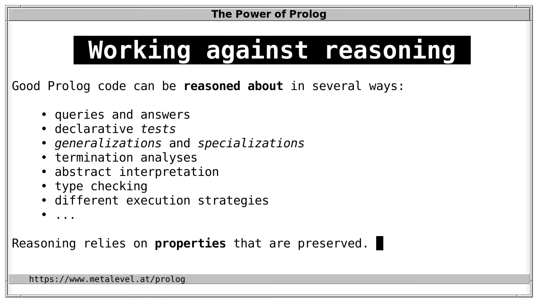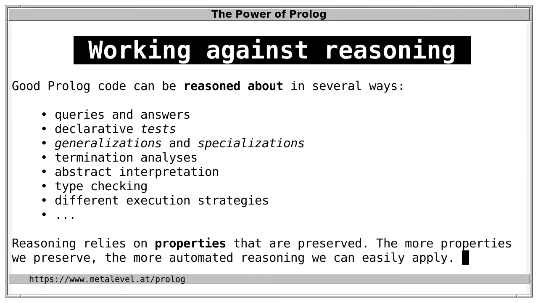And all these examples of reasoning rely on properties that must be preserved. And the more properties we preserve, the more reasoning we can easily apply and automate. And if we break these properties, then reasoning becomes harder and harder, often to such an extent that we can't really apply it at all anymore, at least not easily.